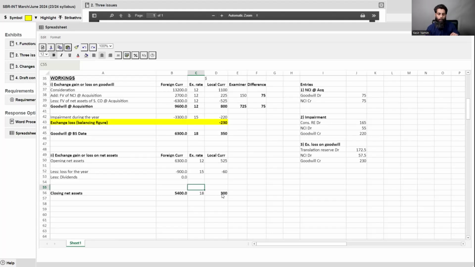And that balance would certainly be an exchange loss. How do you calculate this? You take it as a balancing figure.